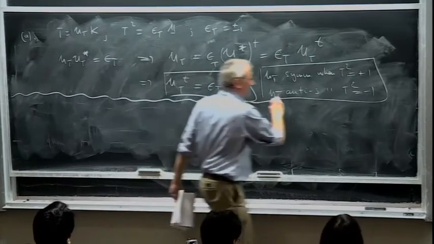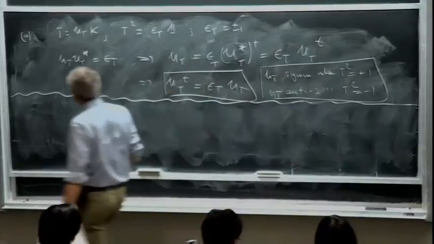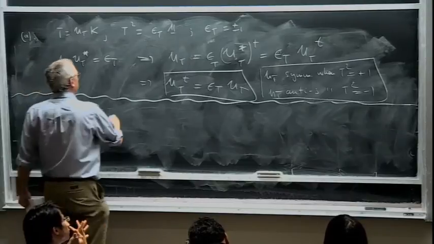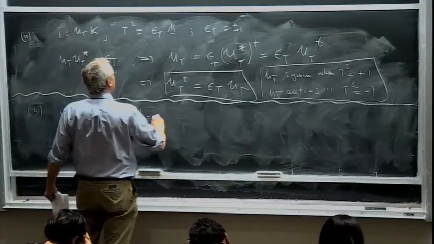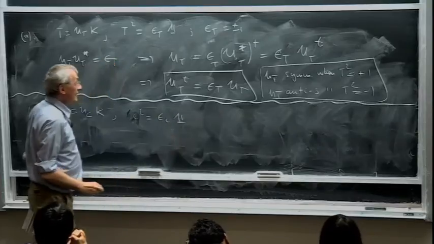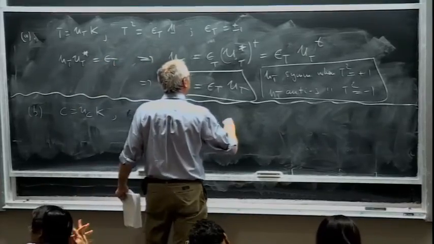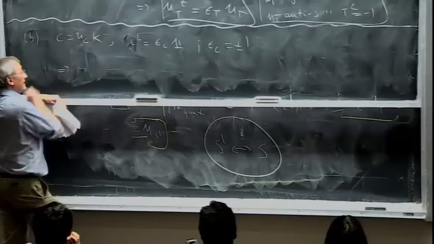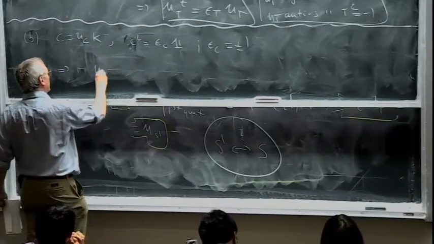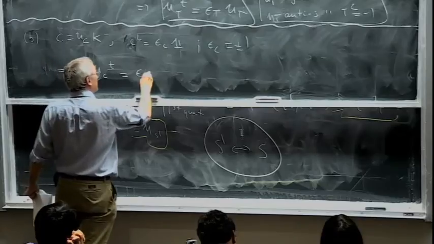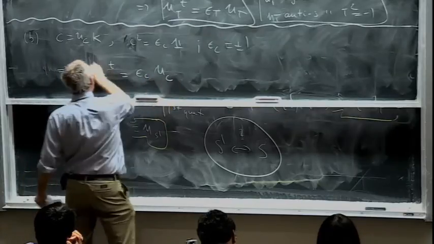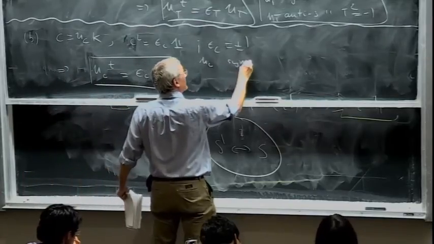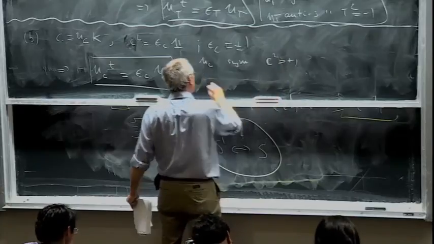And we can repeat the same calculation for charge conjugation. C is UCK. C squared is epsilon C times 1, where epsilon C is a sign. And for the same reason we had for time reversal, we conclude that UC transposed is epsilon C UC, which means that UC is symmetric when C squared is plus 1.